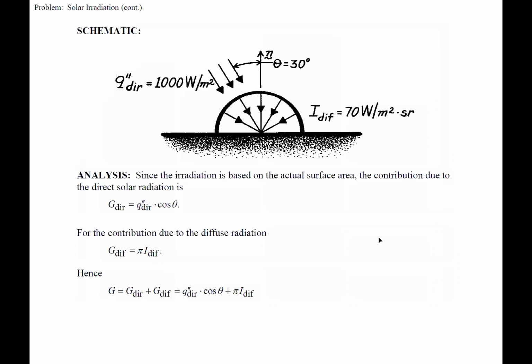All right, so that just means for our direct, we take our direct value and we have our 30 degrees. And then for our diffuse, we just have pi times that diffuse value because it's over this whole hemisphere, right? So it's a nice simple equation that ends up happening.